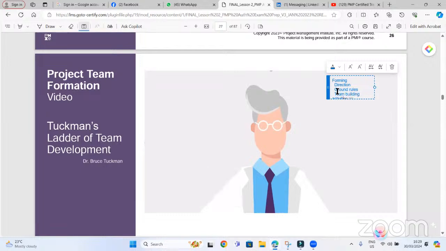These are important to get to know each other. But what happens after that? Once we form a team, it passes through these natural questions: what is the project about, why am I here, what are my roles and responsibilities. So the PM has to provide this understanding, roles and responsibilities.